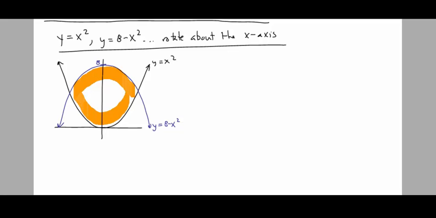If I look at the region that I'm trying to rotate, you can see that there's definitely going to be an advantage of one method over the other here. Mainly because if I use horizontal rectangles, I have two regions. I have a region above that uses the purple graph for my right and my left endpoints, and then I have a region below that uses my right and my left endpoints for that graph as well. So we have to be pretty careful about how we decide to set this one up.